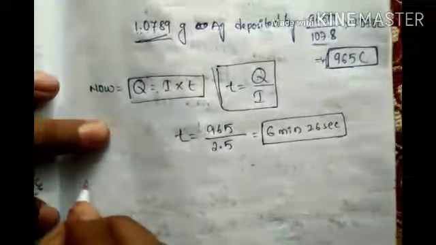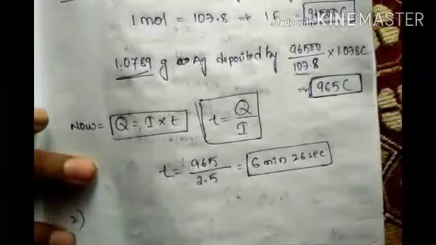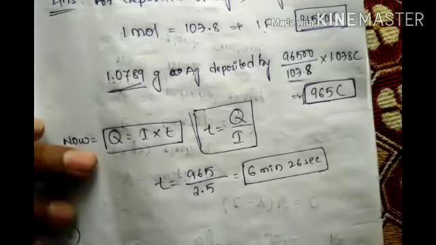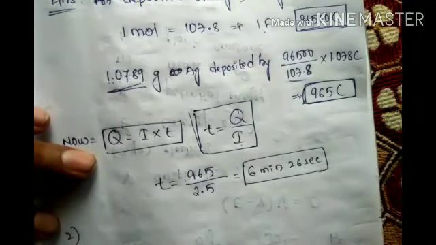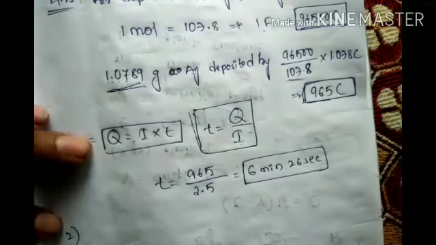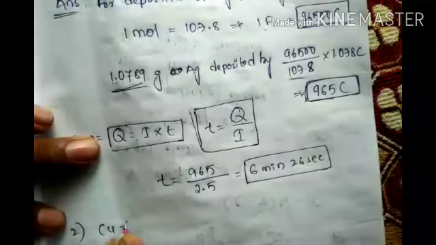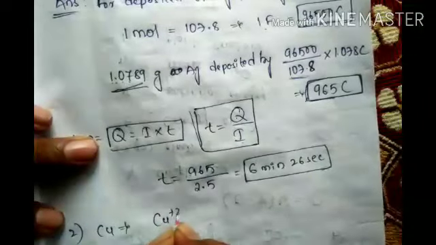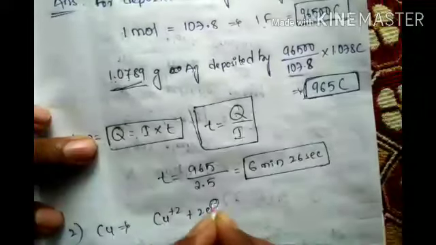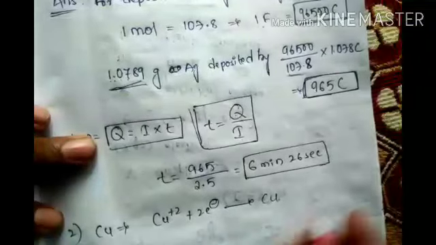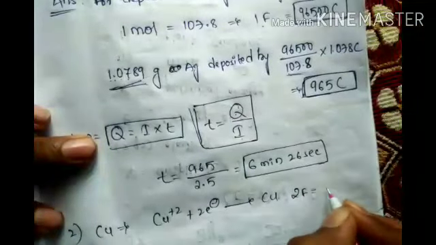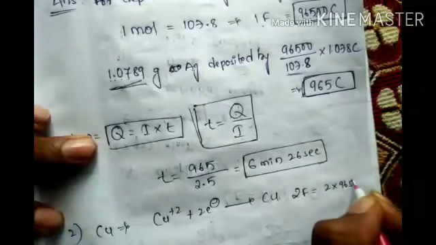Now next, question number 2. What is the question? What weight of copper will be deposited? Now first of all, for Cu2+ plus 2 electrons gives rise to Cu. So 2F equals 2 into 96500.